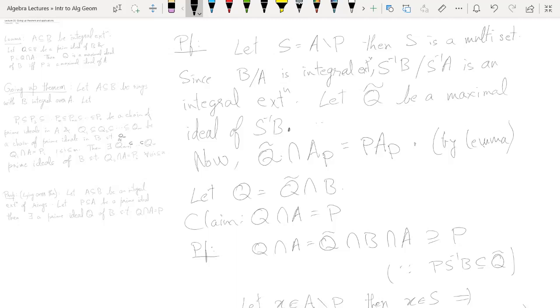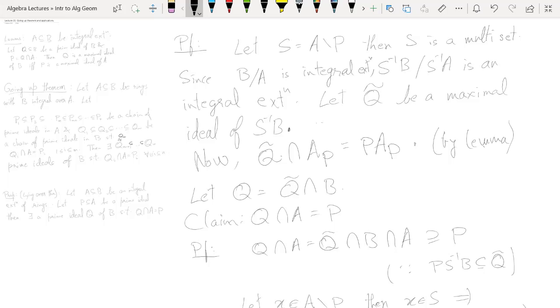In general, S inverse B will not be integral over B, but S inverse B will be integral over S inverse A. Basically, if you have some b over s, then b satisfies some integral equation over A, so b over s will satisfy some integral equation over S inverse A, because you adjust the denominators. So this is an integral extension.